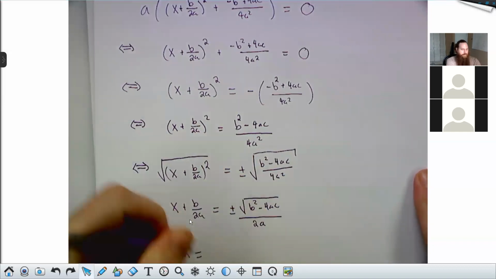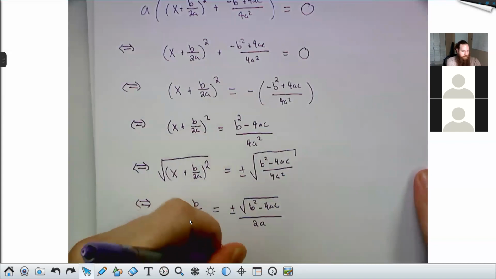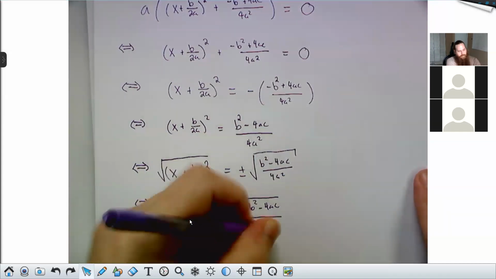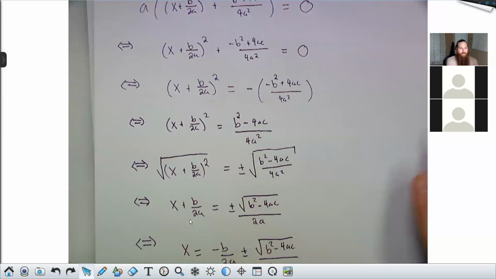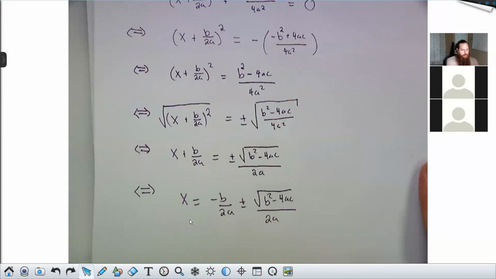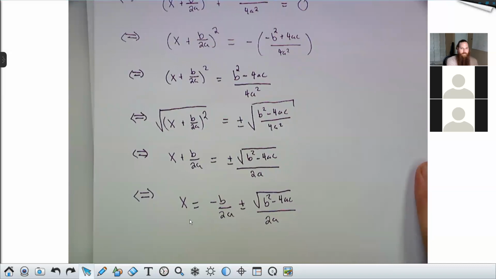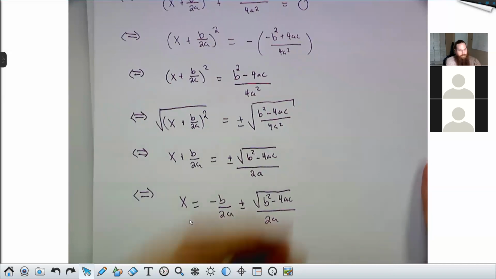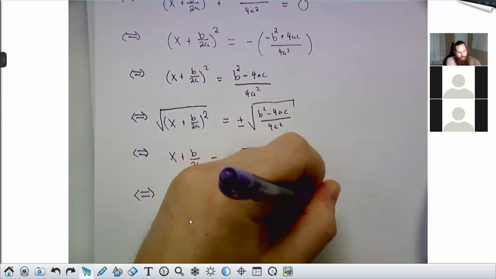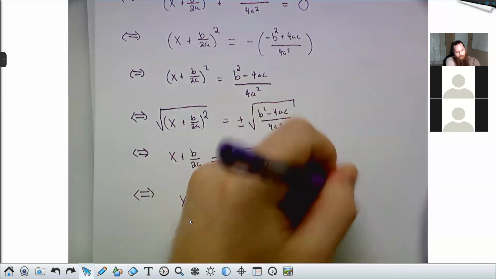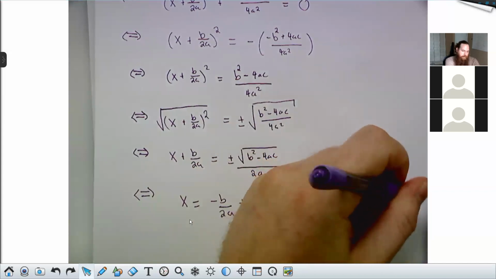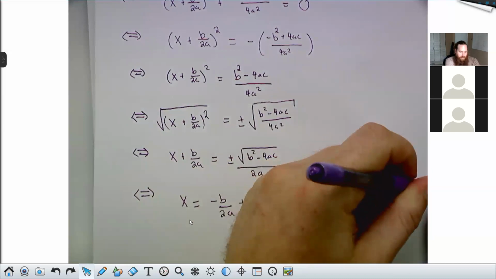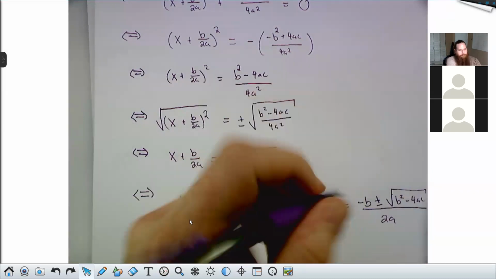So x equals negative b over 2a plus or minus the square root of b squared minus 4ac over 2a, which you can combine into a single fraction because these are common denominators. So this is equivalent to the normal quadratic formula, x equals negative b plus or minus the square root of b squared minus 4ac all over 2a.